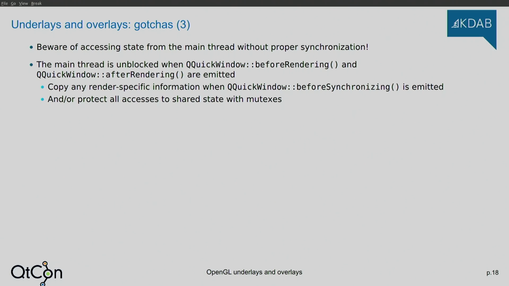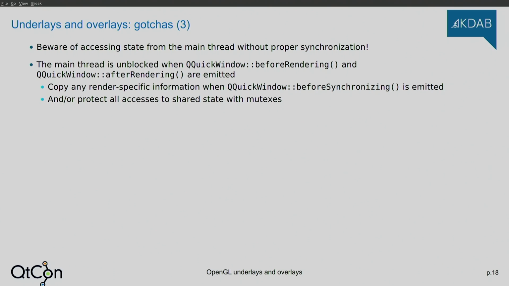This means basically adding locks all over the place. However, there is one perfect place where you are allowed to touch state of the main thread from the render thread, and that's when that signal is emitted.